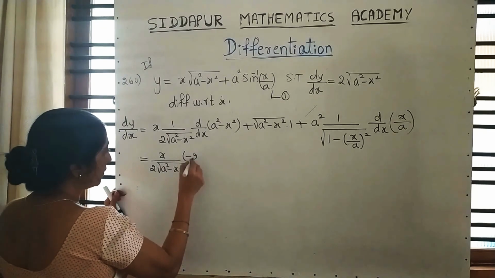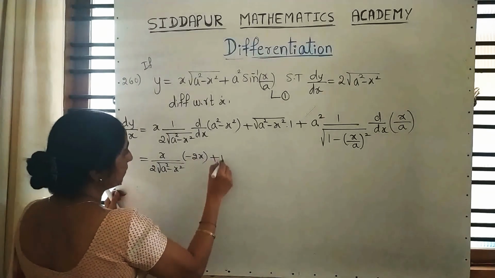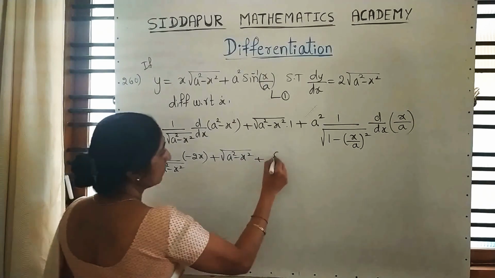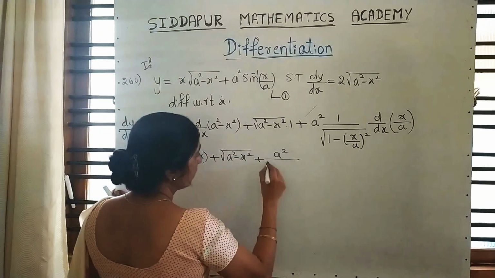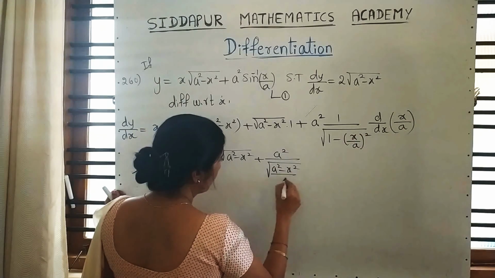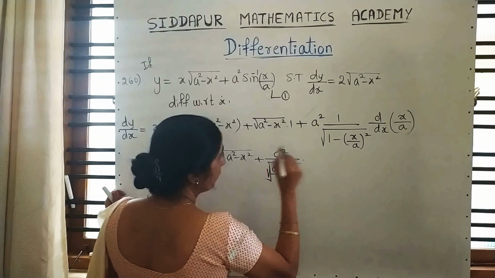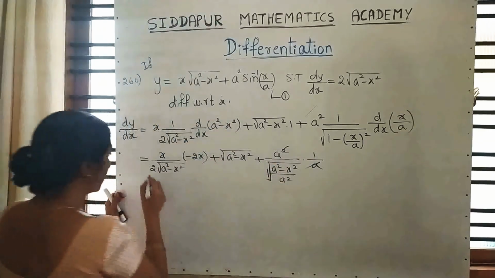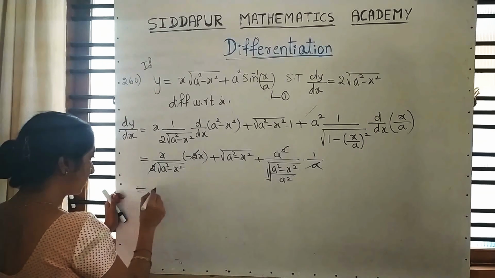This is minus 2x. Here x square by a square, and at the same time I took the LCM under root itself. It is 1 by a. 1 a is cancelled with this. Here 2 and 2 get cancelled.